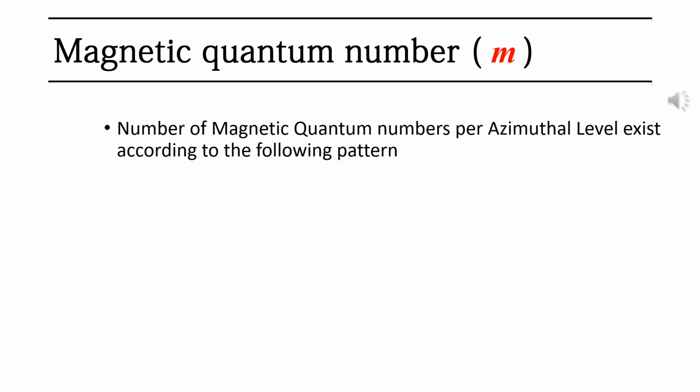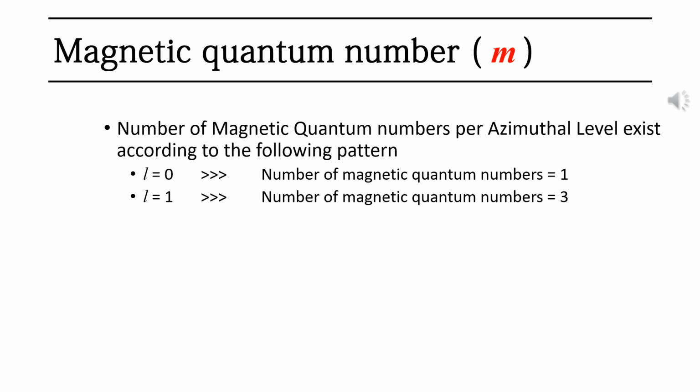Here the number of magnetic quantum numbers per angular level exists according to this pattern. If L is 0, the number of magnetic quantum numbers is 1. For 0, there is only 1 magnetic quantum number. For L is 1, that means p orbital.